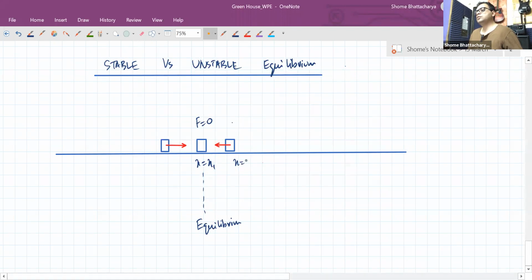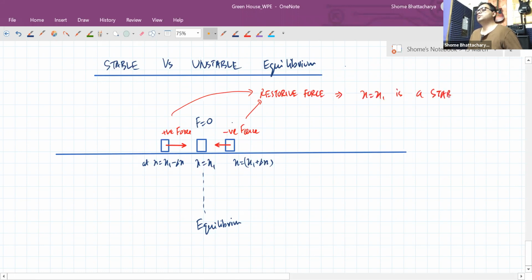At x equal to x1 plus delta x, it should experience negative force, whereas at x equal to x1 minus delta x, it should experience positive direction of force. So then this is called restorative force. So that means x equal to x1 is a stable equilibrium position.